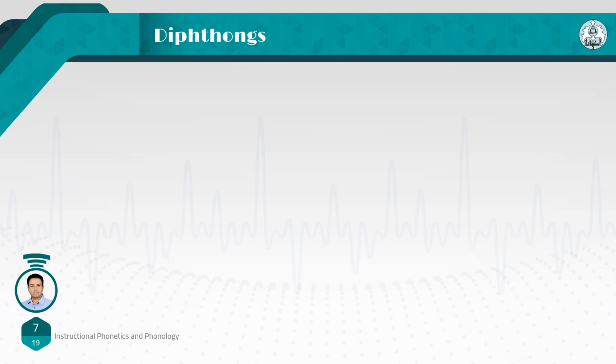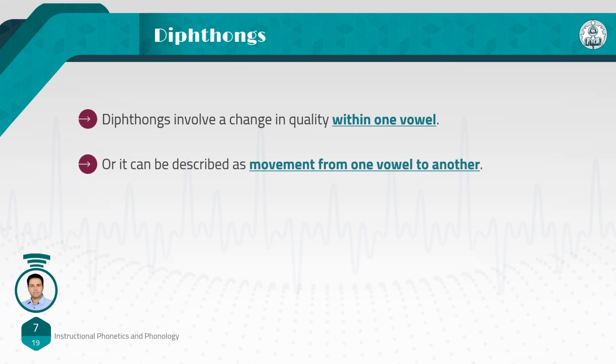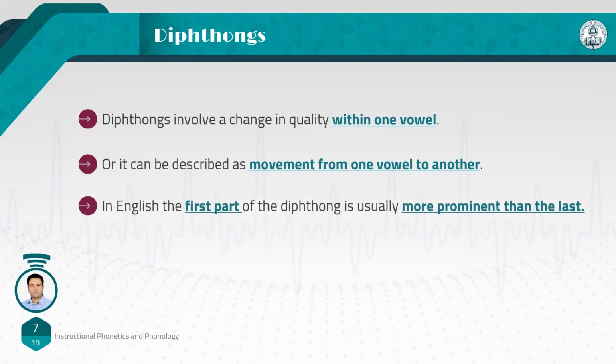Diphthongs. Diphthongs involve a change in quality within one vowel, or it can be described as movement from one vowel to another vowel. As you saw in the previous slide, we also presented diphthongs, movement from one vowel to another vowel.